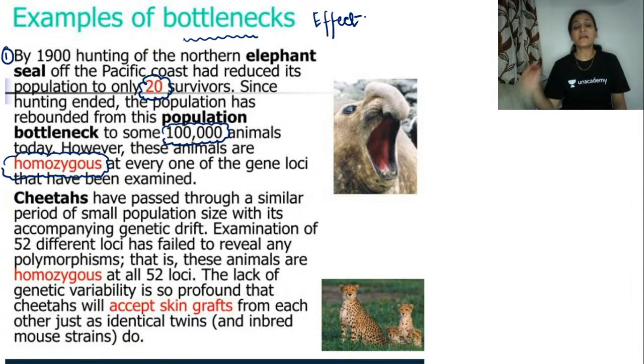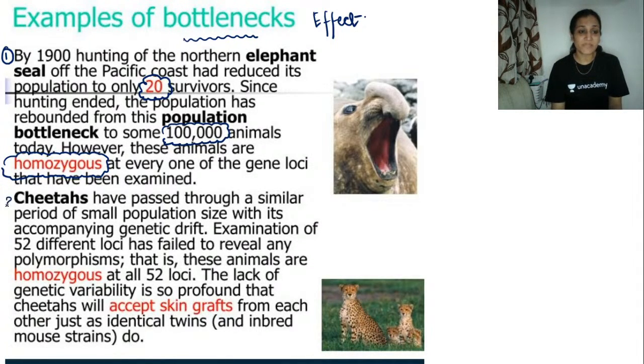There is a southern elephant seal also, and when the northern elephant seals are compared with the southern elephant seals, what is observed is that in southern elephant seals there is lots of variation still present. Still they have got a large number of variation, as compared to northern elephant seals where there was lots of hunting and their gene frequency has come down.